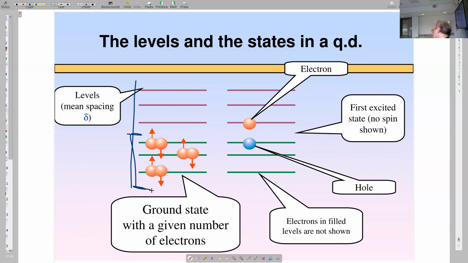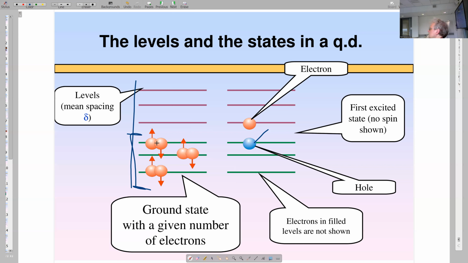Now I want to look at other states. And it's convenient for me to talk about electrons and holes. Say a hole is the absence of an electron at a green level. And yeah, I could put an electron on an empty level as well.